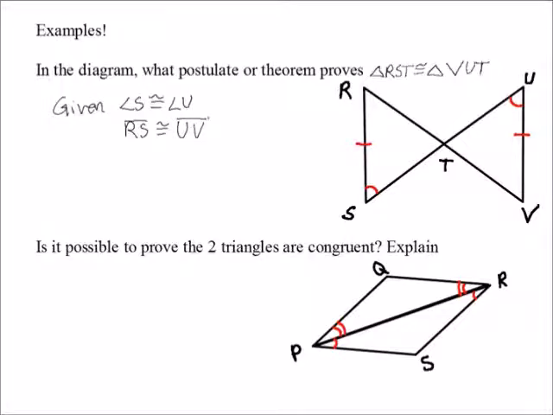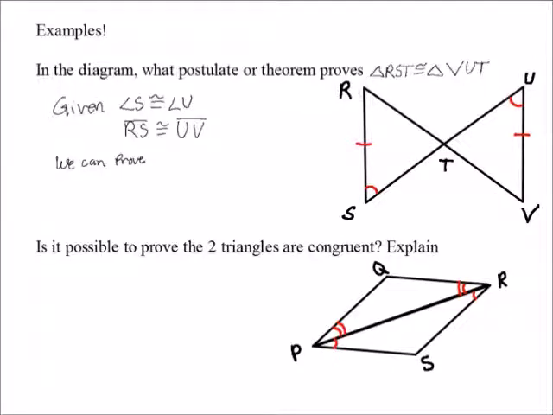Okay, and so what do we need to know? Well, if we have this angle, we have this angle, that's done. Is there anything that we can do to prove angle R and angle V would be congruent?